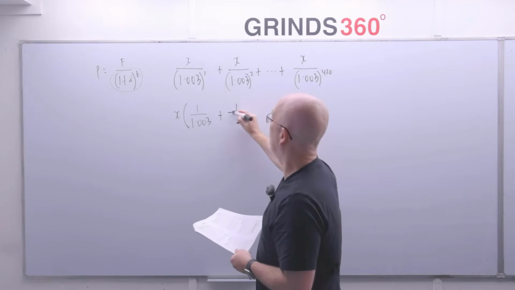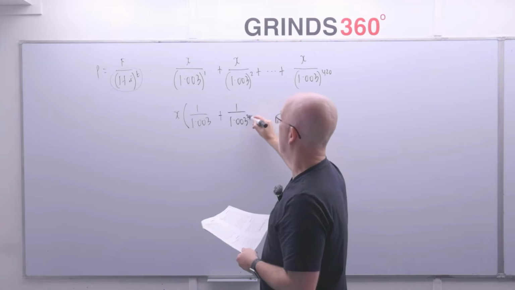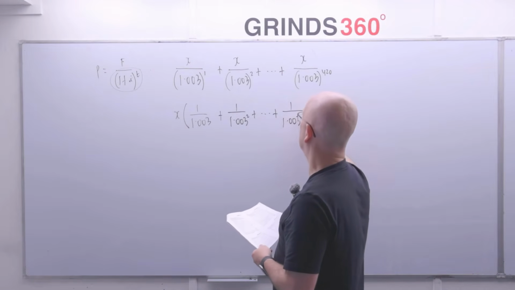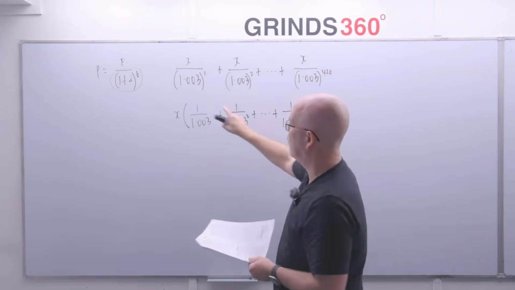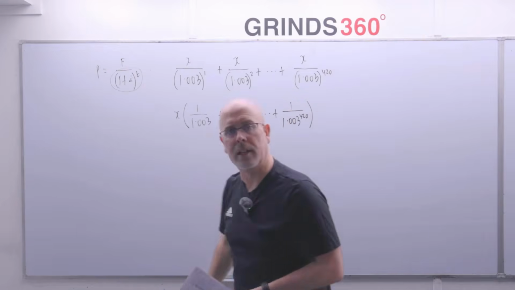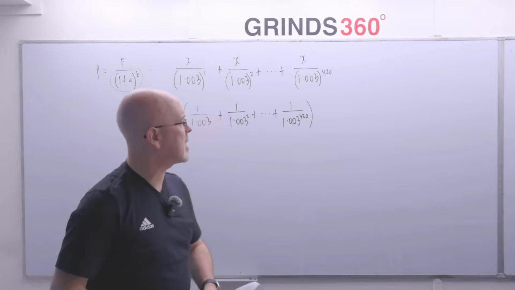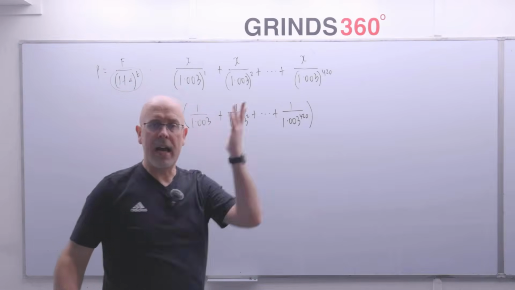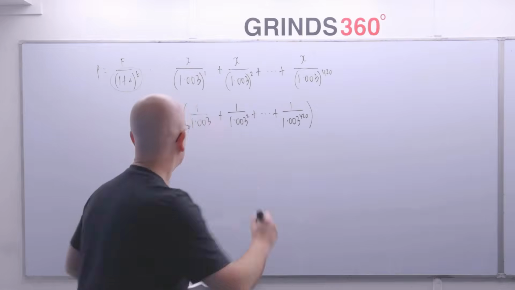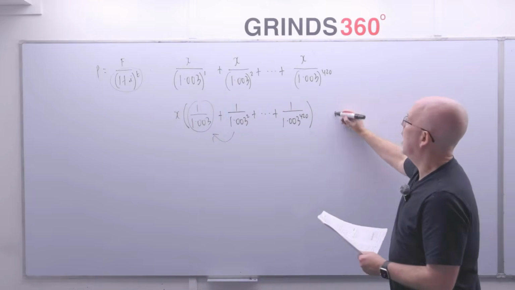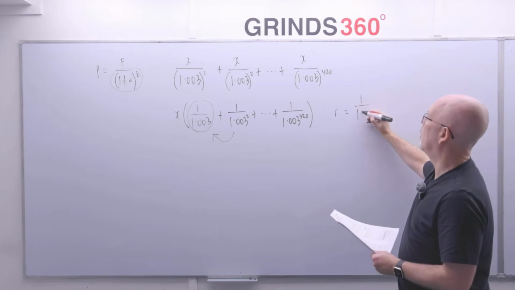So that's 1 over 1.003 squared. And it's 1 over 1.003 to the power of 420, reminding you, if you went from 420 down to 1, no penalty. Your value for a will be different, but so will your value for r. So you'll get the very same value when you add these numbers up. So there's a. And if I divide that by that, I'll get r is 1 over 1.003.